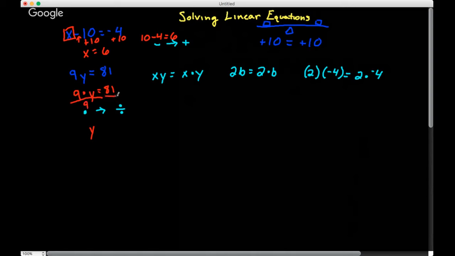You're going to divide both sides by the number, right? Because you want to get the y by itself. You're trying to isolate that variable. To do that, you need to divide by the number. So you would divide both sides by 9. This would become 1, which means your 9s would go away on this side. And 81 divided by 9 is just going to be 9. All right, so I don't want you guys to freak out and overthink things too much. That's kind of what it seems like has been happening a little bit in some of the lessons.